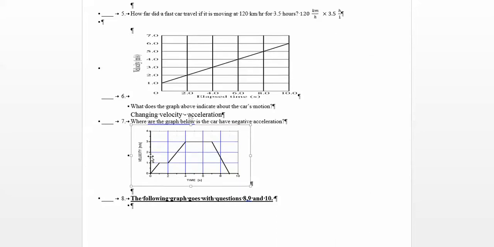Here's another graph, and again, take a look at this. It's velocity versus time. We have to look at the graph. You can't just sit there and say, I've seen this before, I know what it is. Look at the words here, velocity versus time. Where on the graph below does the car have negative acceleration?